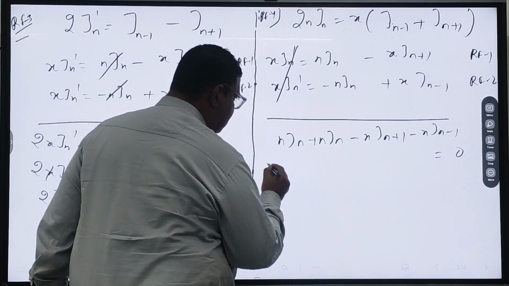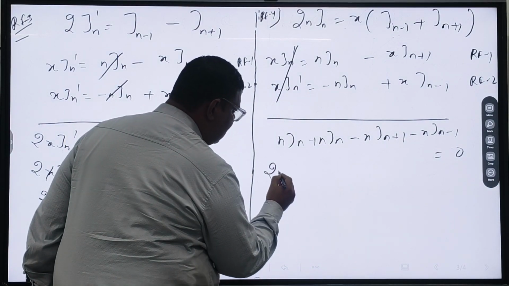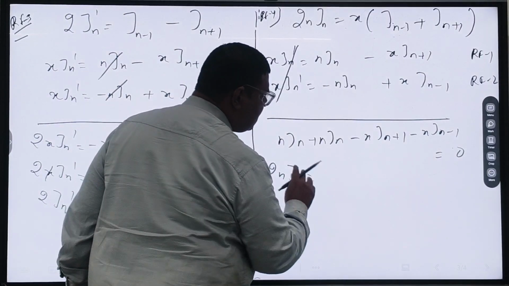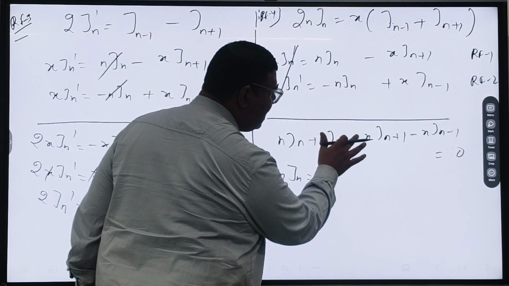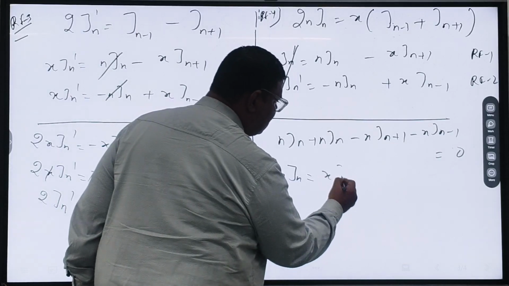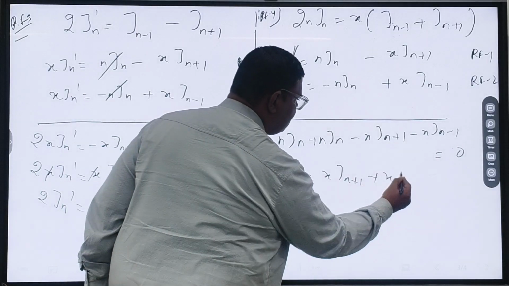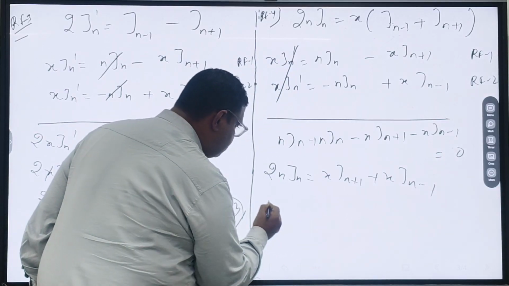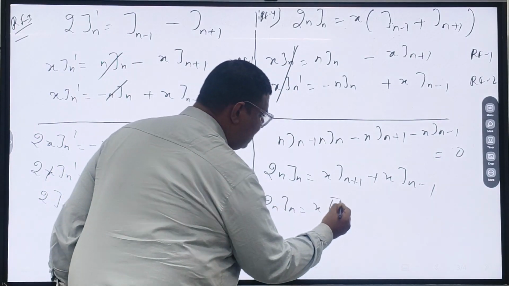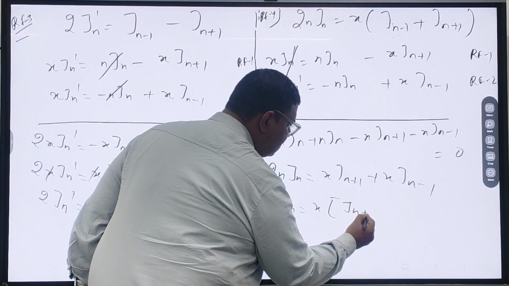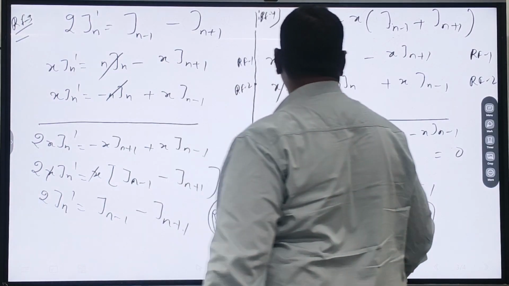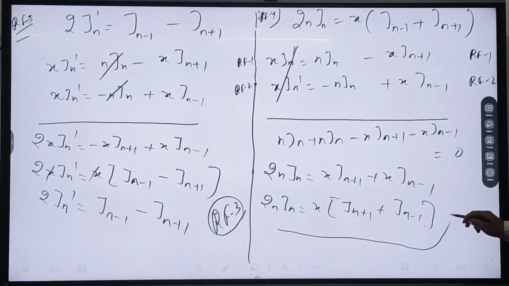So here this will add: 2n J_n equals, transferring minus x J_{n+1} minus x J_{n-1} to the right-hand side, x J_{n+1} + x J_{n-1}. So here we get 2n J_n equals, taking x common, x (J_{n+1} + J_{n-1}). So here we get recurrence formula number 4, RF4.